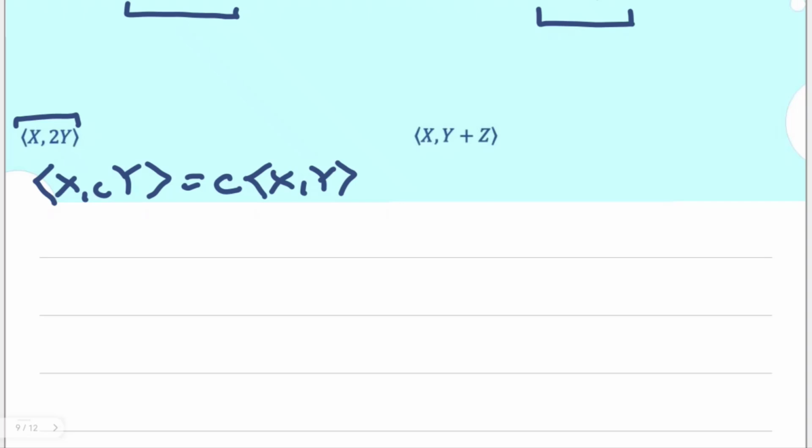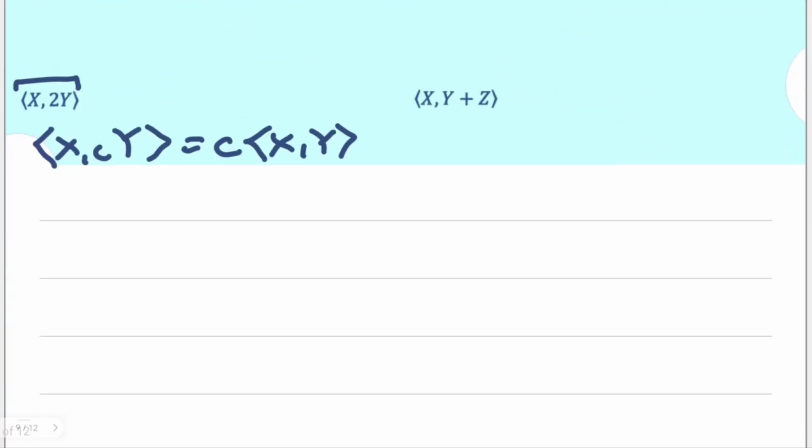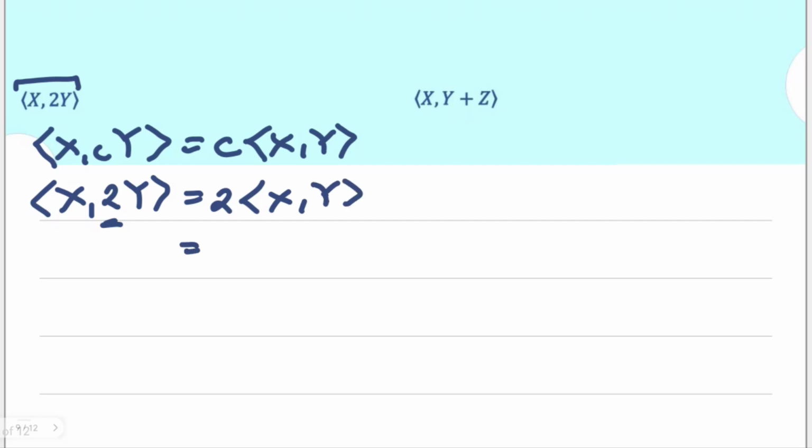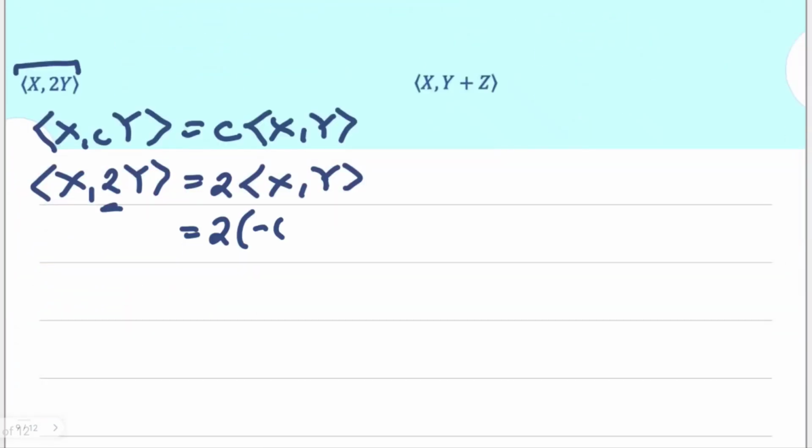That's one of the properties we have learned in the previous video. And since we already have the value for the inner product of x and y, that's our c, so twice the inner product of x and y. So twice negative 6 gives you negative 12.